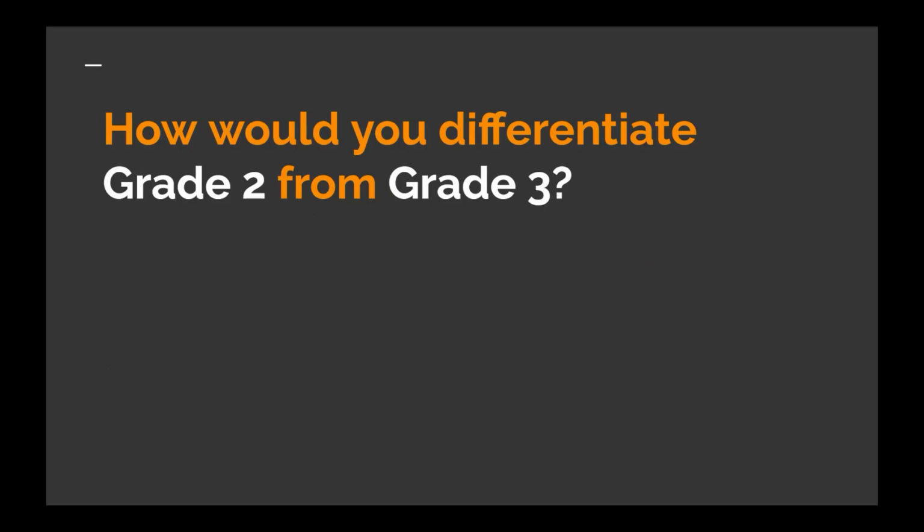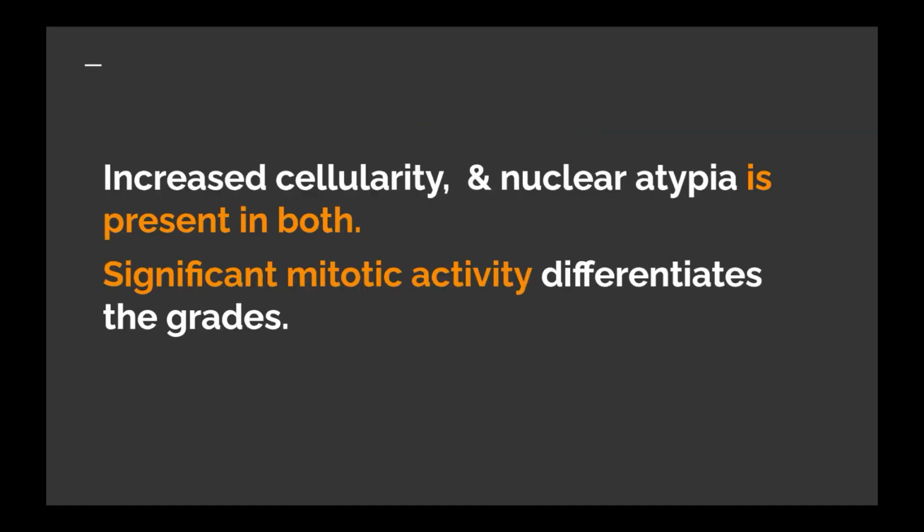Okay, there is one more thing that you're missing. What about mitotic activity? Mitotic activity is present in grade 3. Right. So, increased cellularity and nuclear atypia are present in both, but grade 3 has significant mitotic activity in comparison with grade 2.